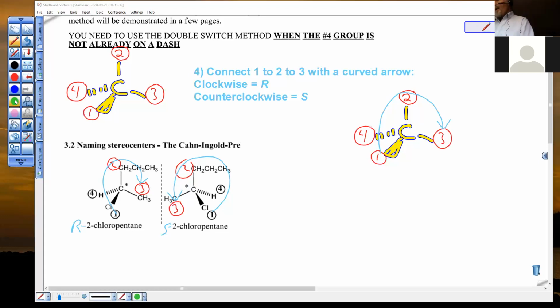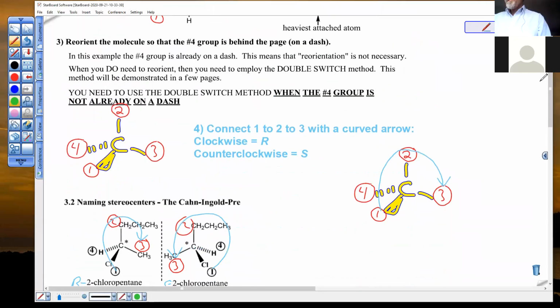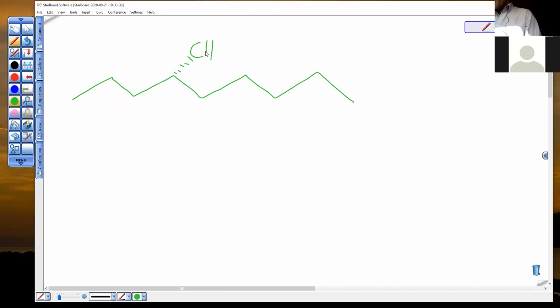We often have molecules. A new page is in order here. We often have molecules with more than one stereocenter. It's very common. And let's do something like this. That's supposed to be a dash. It's pretty lame. And up here, we'll go like this.